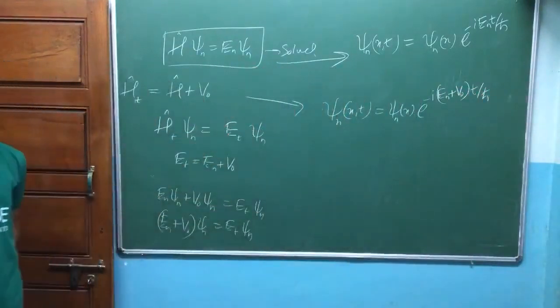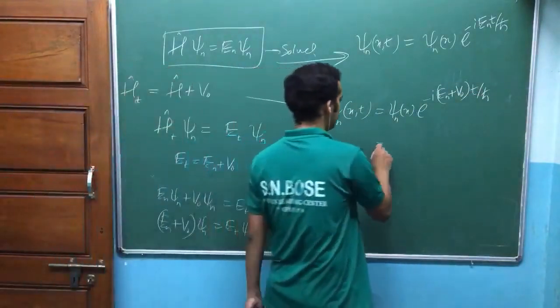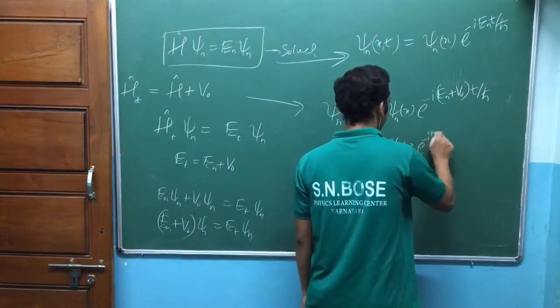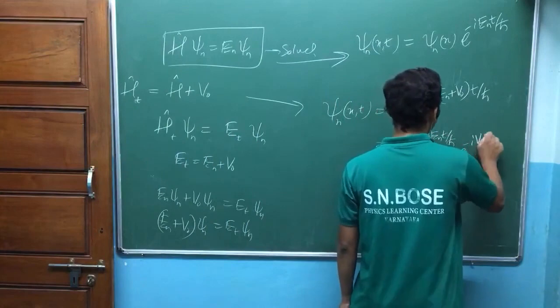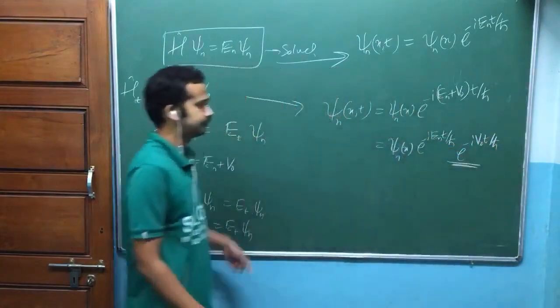You should use the new energy in that case, isn't it? Now what is this? It's equal to psi n of x into e power minus i E n t by h bar, e power minus i V naught t by h bar. This is what he commented in that problem.